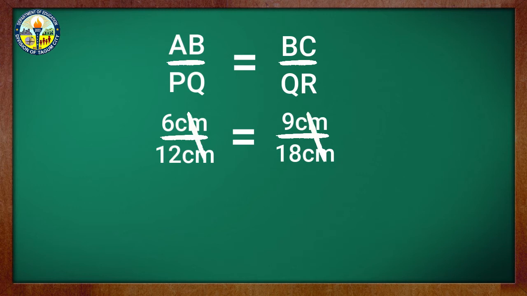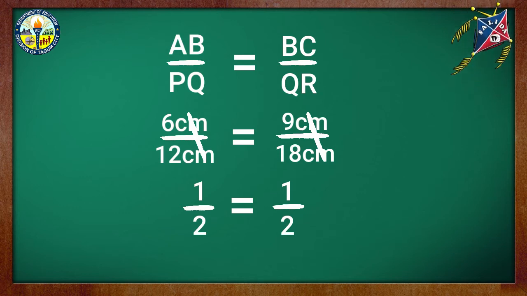Then we reduce the fractions to their lowest terms, giving us 1 over 2 on the left side of the equation and 1 over 2 also on the right side of the equation, which proves that the corresponding sides of the triangles are proportional. Thus, we say that triangle ABC is similar to triangle PQR.